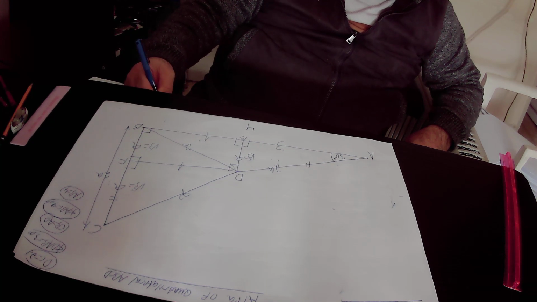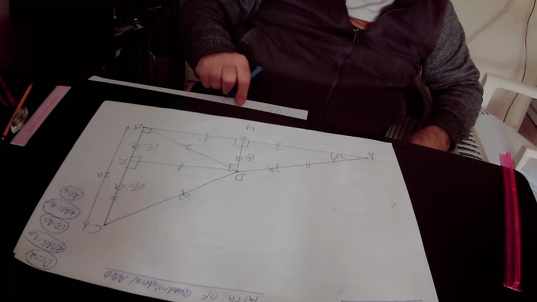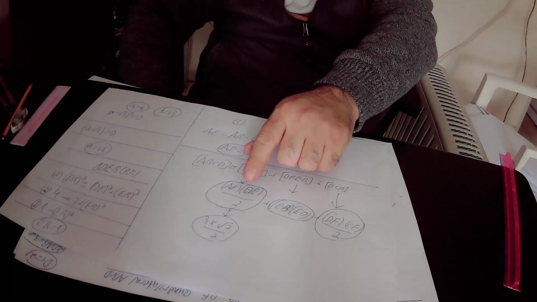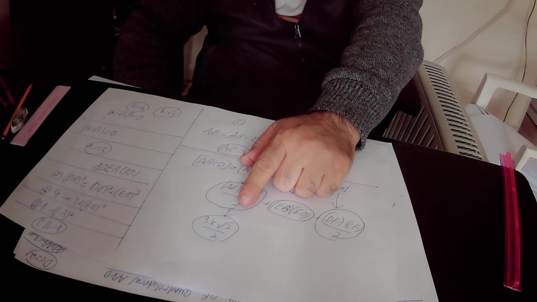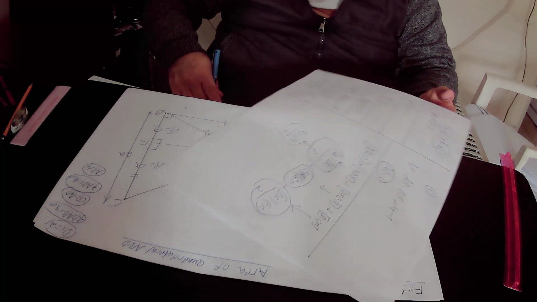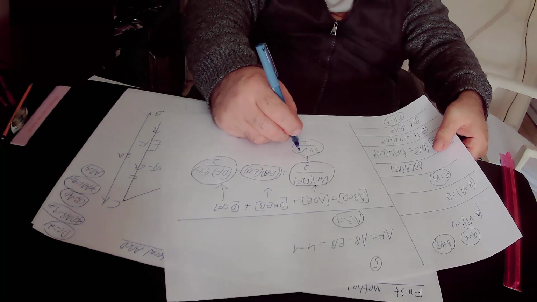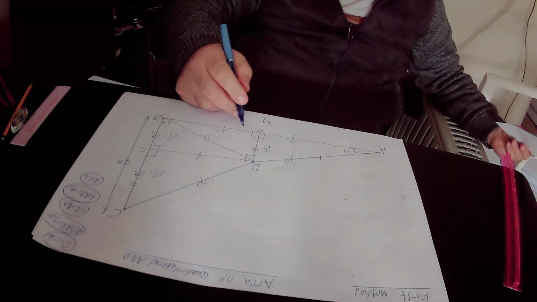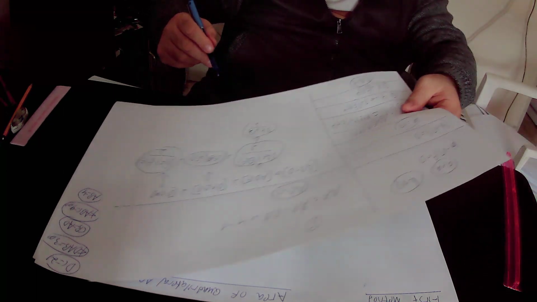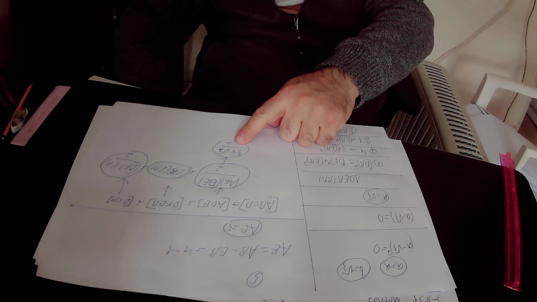So we actually found out that the area of triangle ADE equals 3 times the square root of 3, because the height DE is the square root of 3, so it is actually 3 times the square root of 3 over 2.